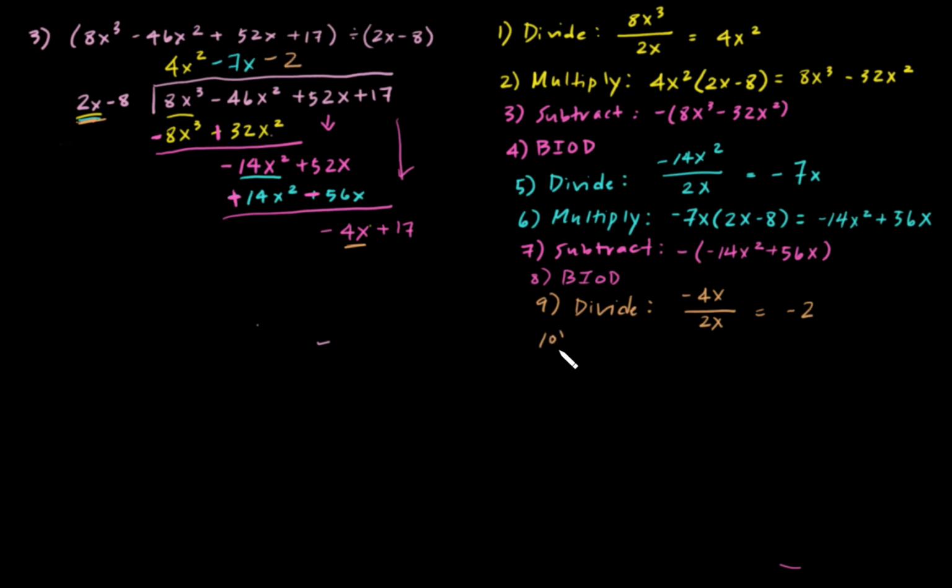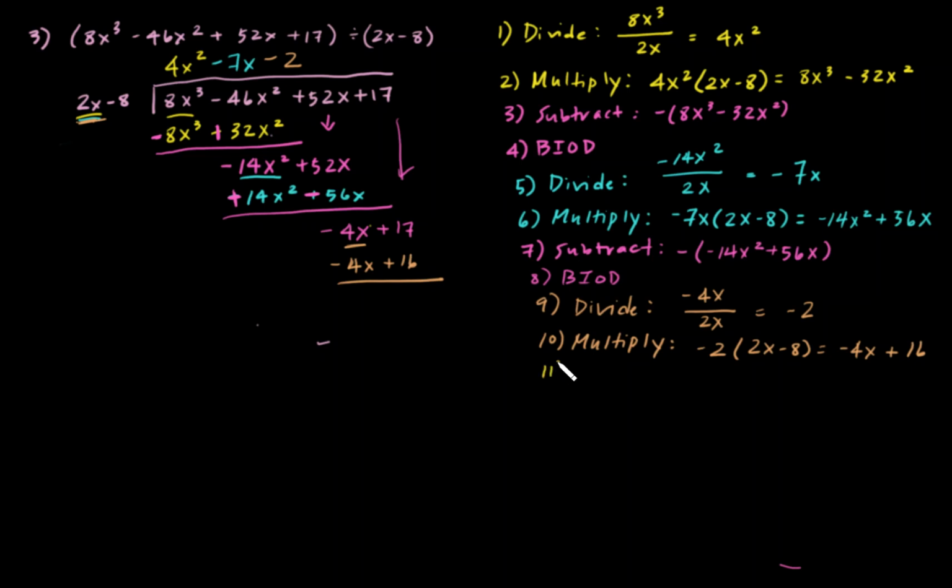And then I'm going to multiply negative 2 times 2x minus 8. So I end up with a negative 4x plus 2 times 8 is 16. Negative 4x plus 16.